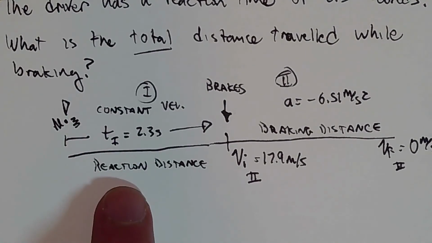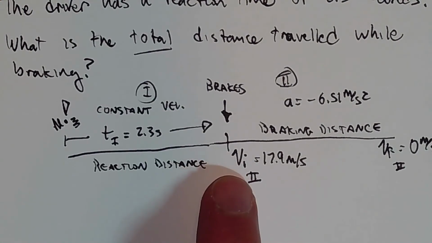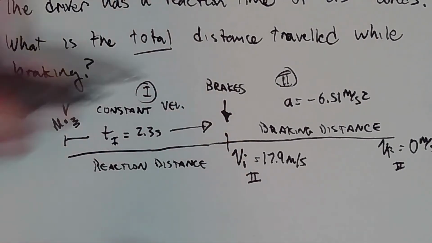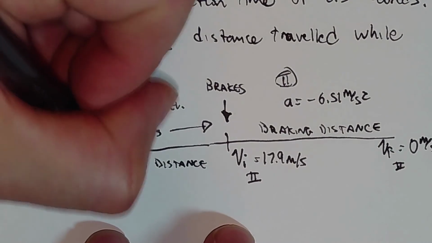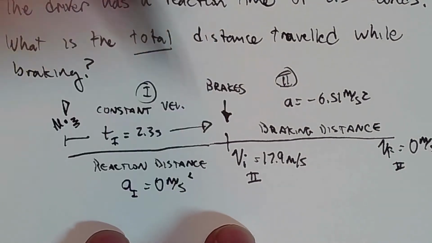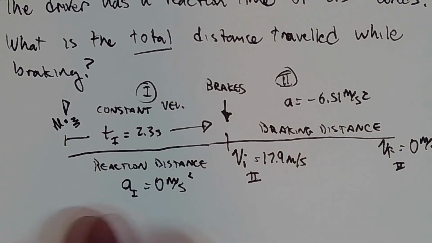So, what else do we know? Well, if it's moving at 17.9 meters per second right when you apply the brakes, during this whole phase, during the reaction distance, you're not accelerating at all. You're just going at the speed that you were. So we're going to call the acceleration during this phase 0 meters per second squared. There's no acceleration at all because you're just driving at your speed. You're like, what?